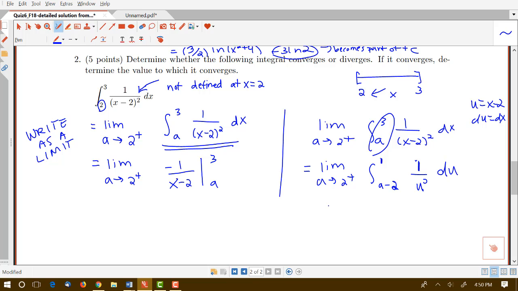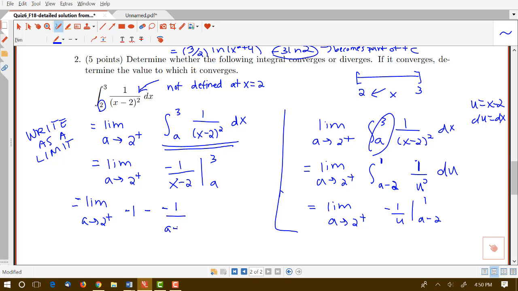We know that our antiderivative of 1 over u squared would be negative 1 over u, and I'd be evaluating that from a minus 2 to 1. So that's going to give us the same thing as over here: the limit as a goes to 2 from the right of negative 1 minus negative 1 over a minus 2.